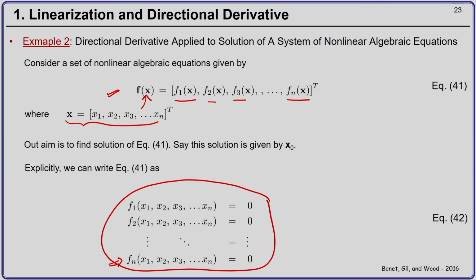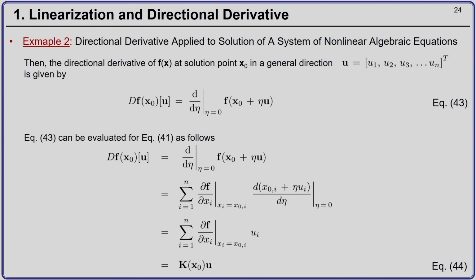So, there are n unknowns. We have n equations, we have n unknowns, and these are nonlinear algebraic equations. So, that is our aim. We want to find the solution of equation number 41. Now, let us say this solution is given by x 0. So, how do we approach?